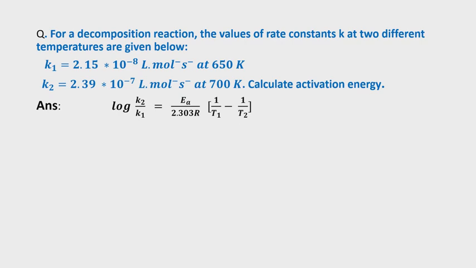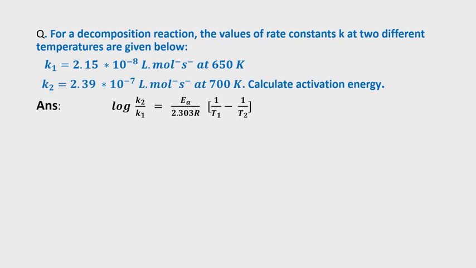Now question number 1. For a decomposition reaction, the values of rate constant K at two different temperatures are given below. K1 equals 2.15 into 10 power minus 8 litre per mole per second at 650 K. K2 is given again at 700 K. Calculate activation energy Ea.